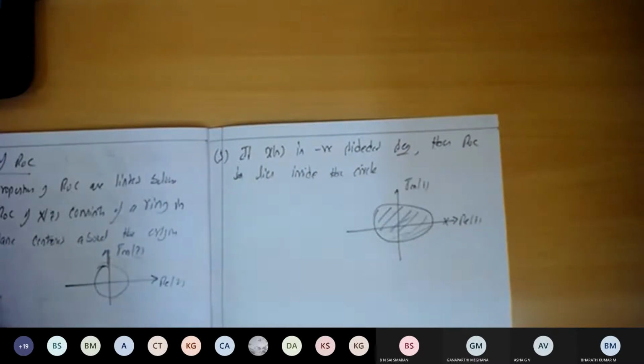Afterwards, we have seen the double-sided sequence. So we'll take the ROC for the double-sided sequence.